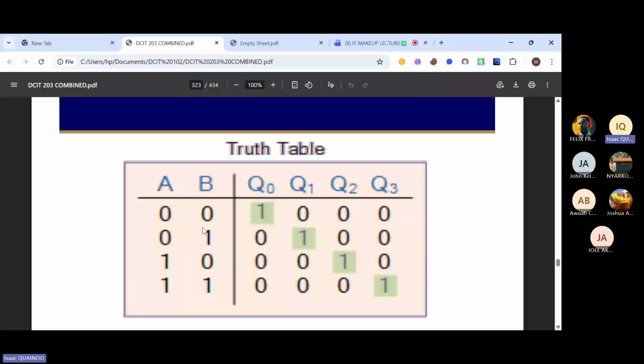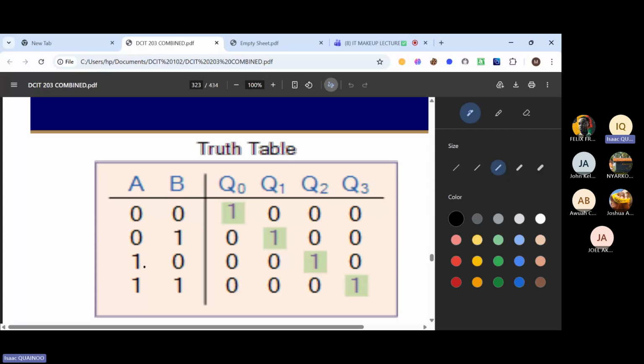And we said that if 0 0 is our input, then Q0 will be selected, which is output 0, okay? When A and B is 0 1, then Q1 will be selected, which is output 1. And if we have 1 and 0, we know this is 2, right? We are going to select our output 2. And if we have 1 and 1, we know this is 3, so 3 will correspond to our Q3. So that's basically how the truth table is derived.